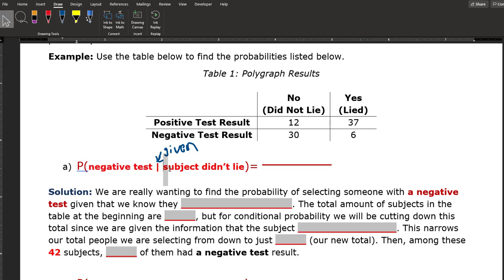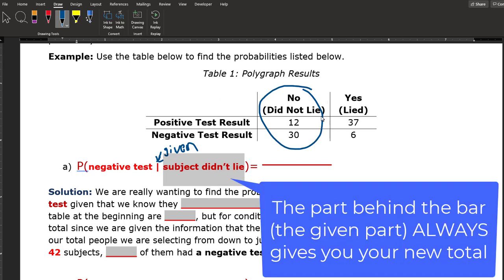Well, because we know the subject didn't lie, we're actually only going to look at those people. Those are the only people that we are interested in. Because if we already know the subject didn't lie, we would not be interested in the people who lied.